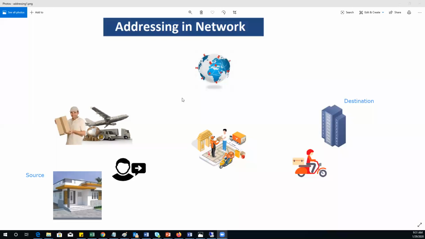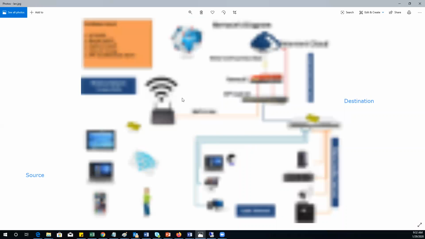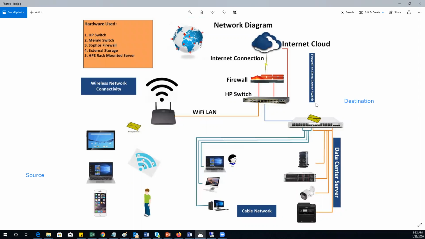The same thing, the same manner, is implemented in the IT industry. Here you can see that we have a number of devices over the network and they communicate with each other.